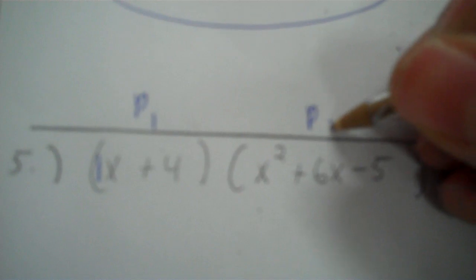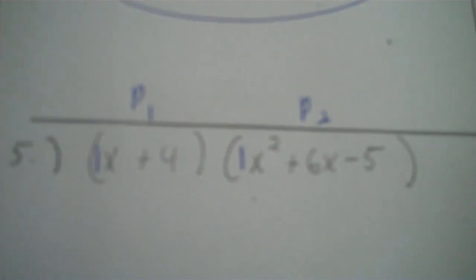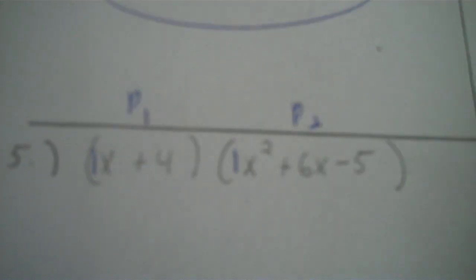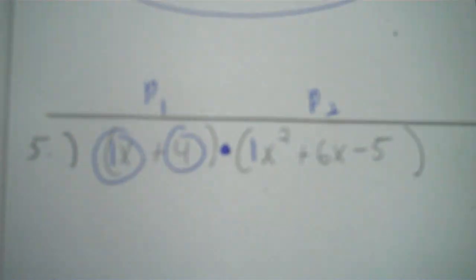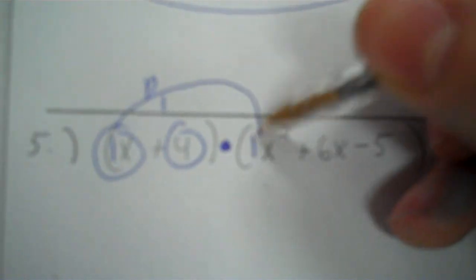Okay, next one. P1 is a 1x and a 4. P2 is a 1x to the second, a 6x, and a constant negative 5. So again, that's multiplication. So multiplication, you circle all the terms you have in P1 and start distributing them one by one.